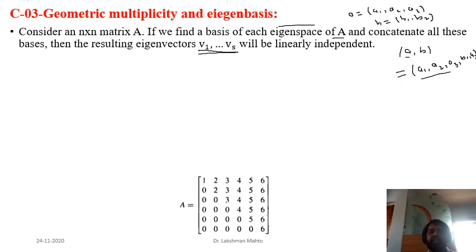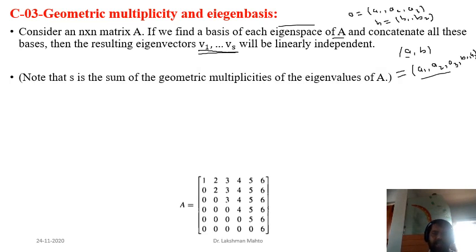Why? Because these are coming as basis elements. First criteria. Second, S is the sum of geometric multiplicities, because these are all coming as a basis of corresponding eigenspaces. So you can call S the sum of geometric multiplicities of the eigenvalues of A.